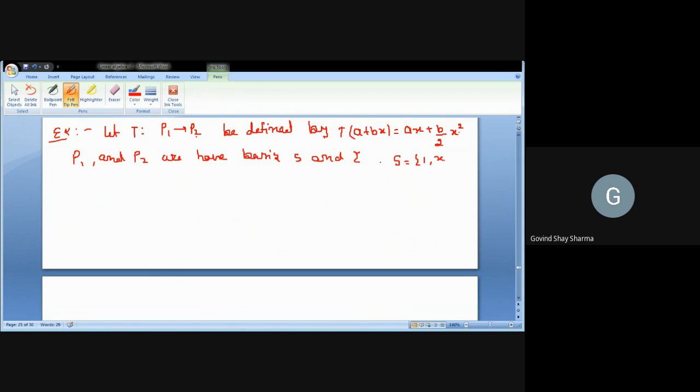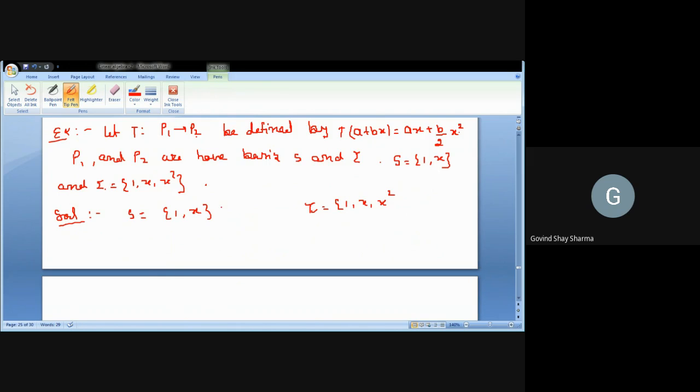So represent it in matrix form. Now, first we take the basis S, given as 1 and x, and tau, given as 1, x, x^2.